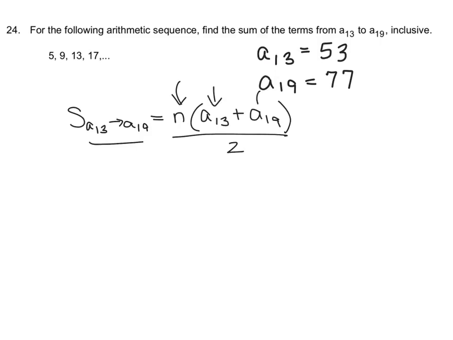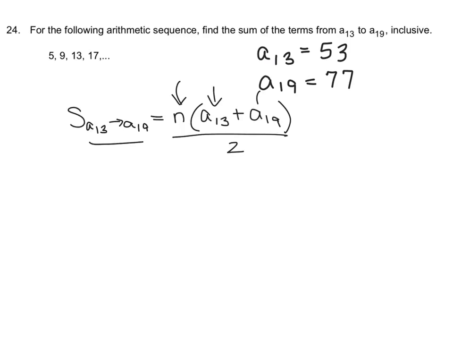So N for this scenario is going to be the numbers between and to include the 13th through 19th term. So in order to see this, if we were to write this out, I would have the 13th term, the 14th term, 15th term, 16th term, 17th term, 18th term, and 19th term.